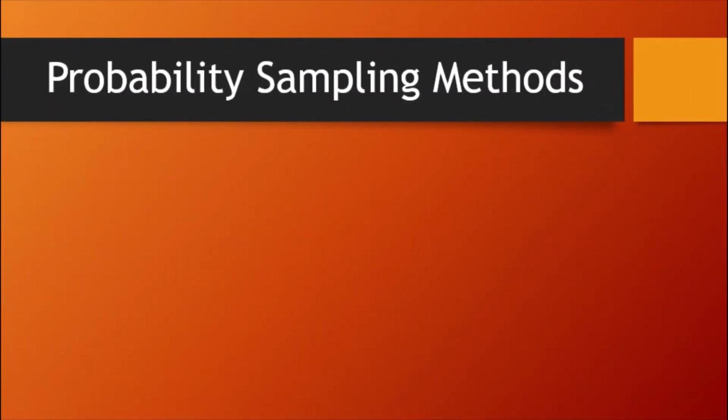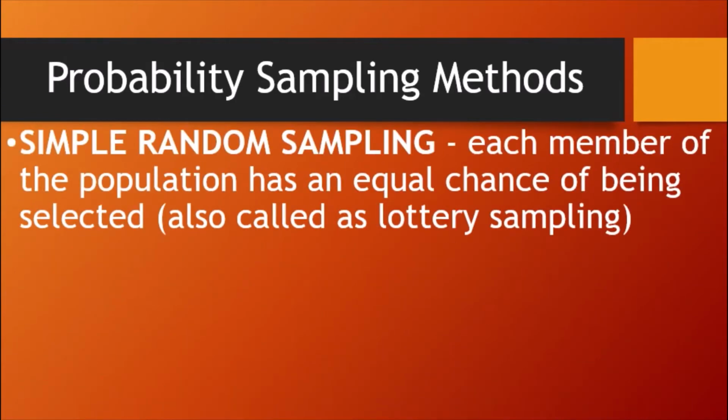So here are the probability sampling methods. We have the simple random sampling. Each member of the population has an equal chance of being selected, also called lottery sampling. In random sampling, there is no systematic approach. Any approach will do.